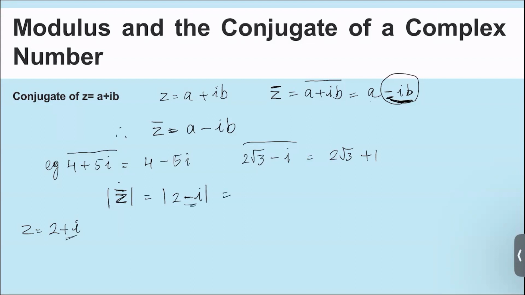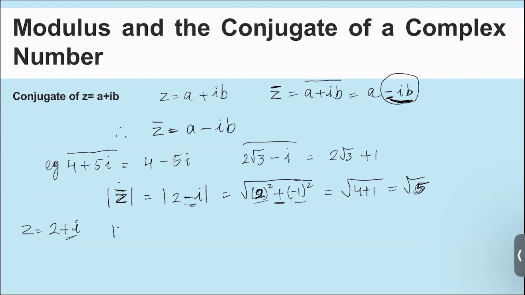But if you take the mod of it, you have 2 squared, and it will always be plus. Over here you have minus, so this actually becomes 4 plus 1, which is root of 5.